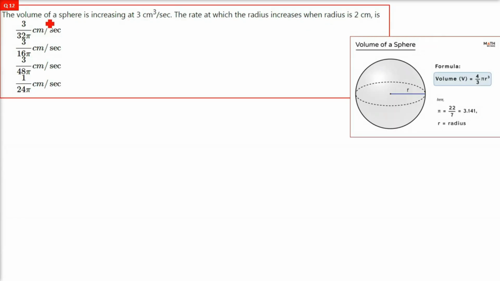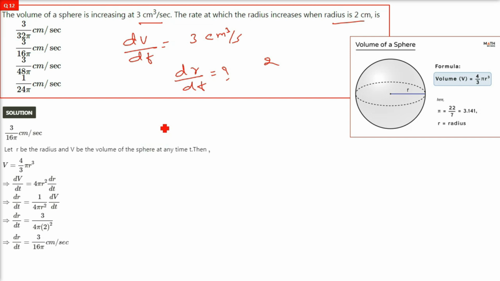The volume of a sphere is increasing at 3 centimeter cube per second. So dv by dt is equal to 3 centimeter cube per second. The rate at which the radius increases when the radius is 2 centimeters. So dr by dt we have to find out when the radius is 2. This is quite known to you, means you have learned about this question, done this question multiple times.